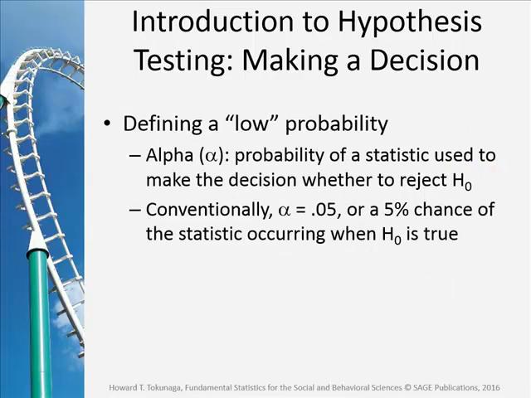All right. So what do we do? We pick a low probability. In the social sciences, we've pretty much agreed on 5%, 0.05. We want to make it really, really hard to reject that null hypothesis.